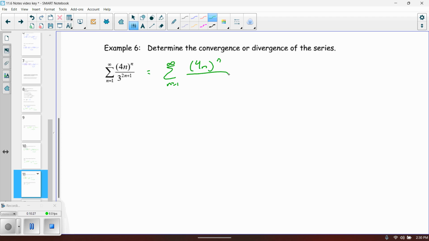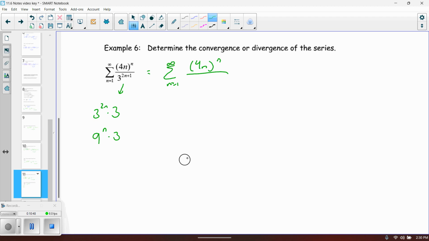3 to the 2n plus 1 is the same thing as 3 to the 2n times 3. But 3 to the 2n can also be rewritten as 3 squared to the n, which is the same thing as 9 to the n times 3.